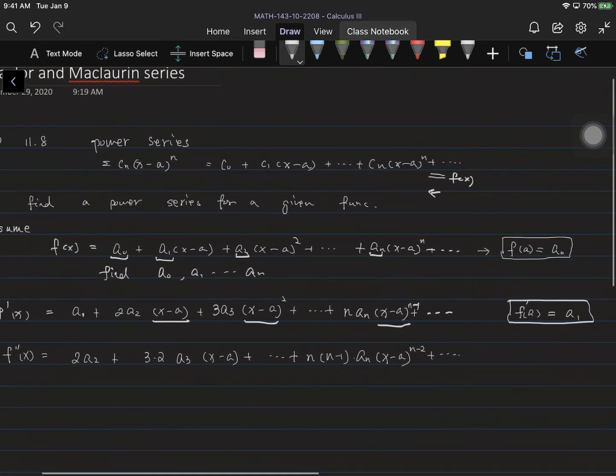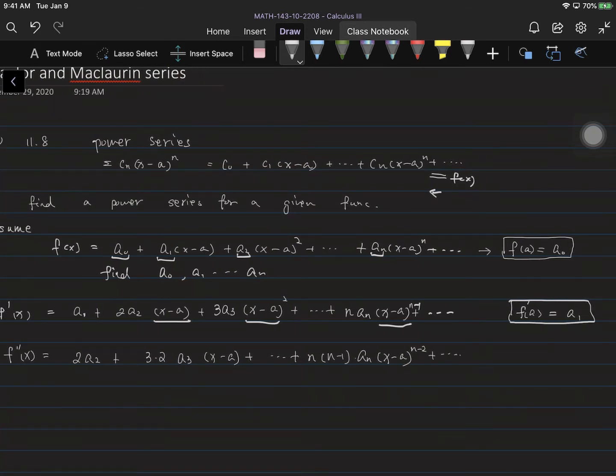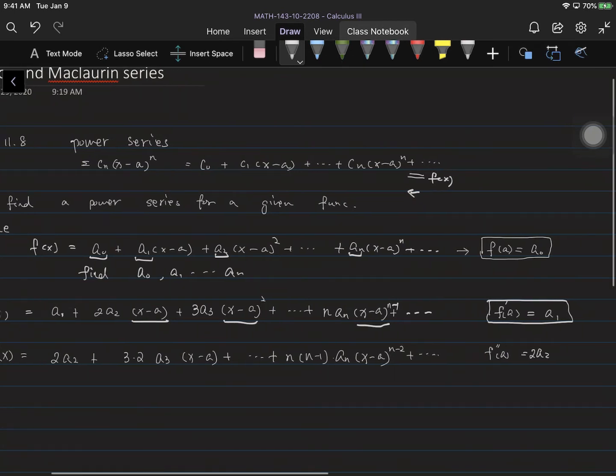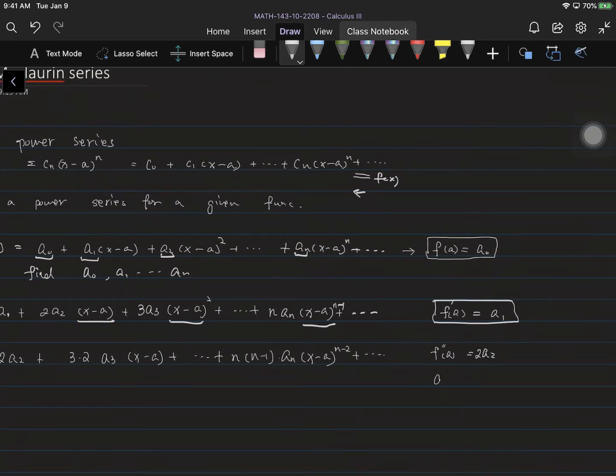How to find a2? If we make x equal a, f double prime will be 2a2, is that right? Because all the other terms will be 0. So we know a2 is f double prime of a over 2.